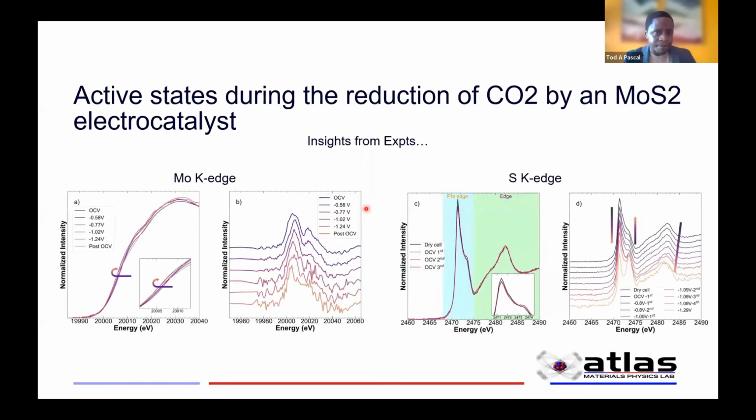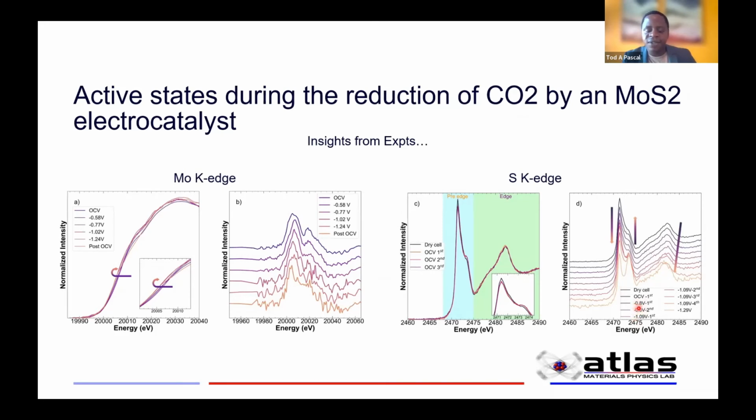We have some work from our experimental colleagues at the University of Illinois at Chicago, where they looked at both the molybdenum K and the sulfur K edge, and then tracked the XAS as a function of applied potential. So they have the dry cell in this case, and then they start flowing CO2 over it, at the sulfur K edge in particular.